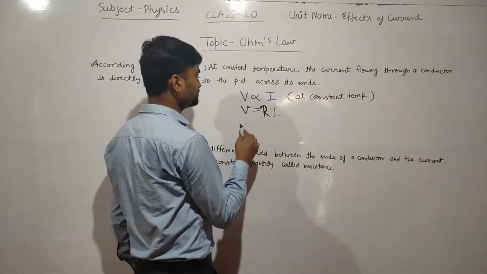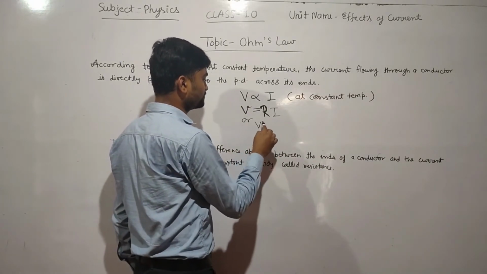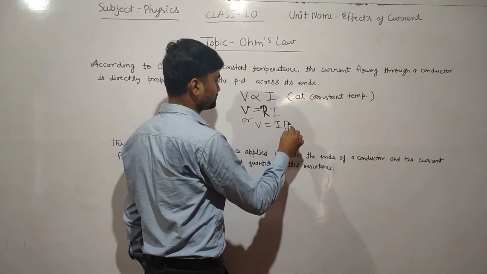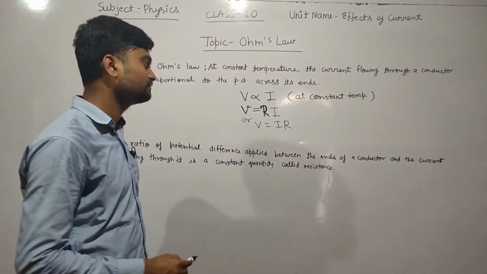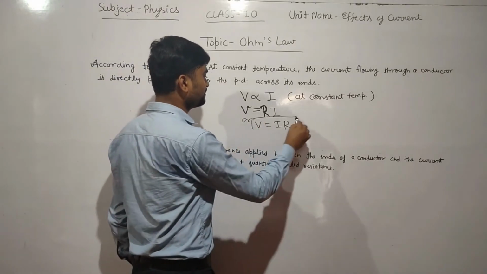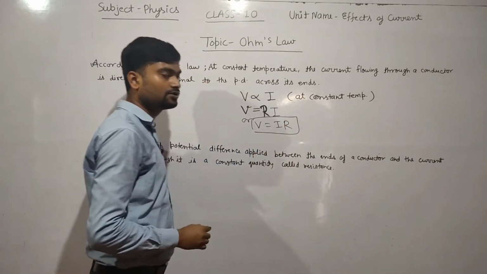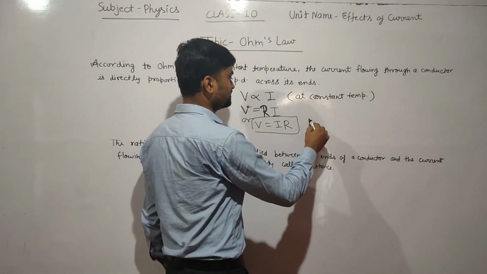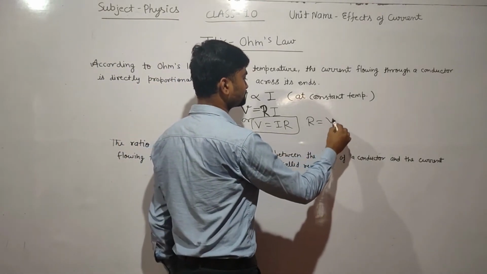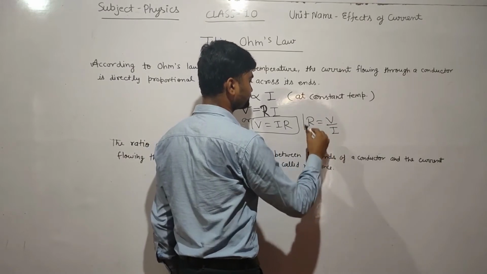So V equals RI, or V equals IR. There is no difference between these. Here R is the proportional constant, and we can write R equals V by I.